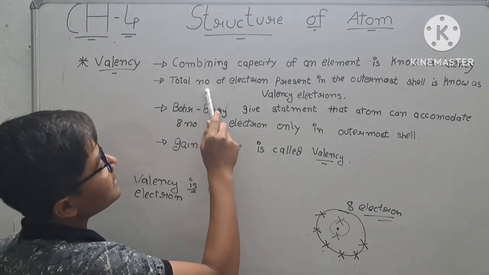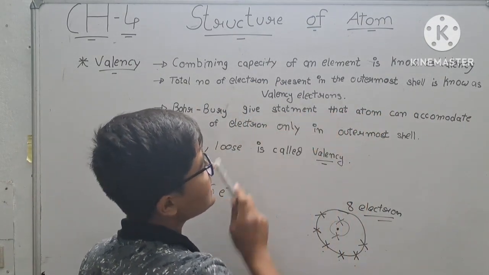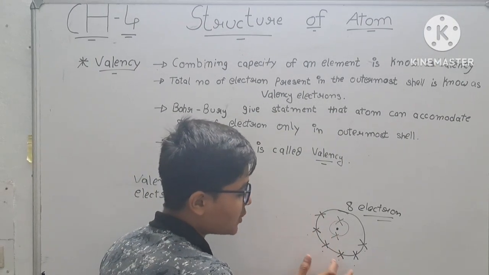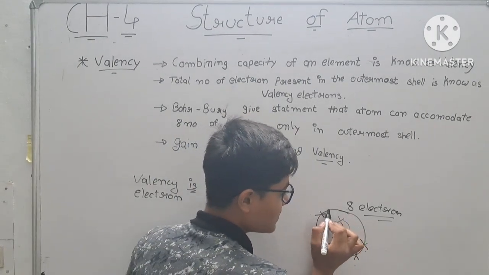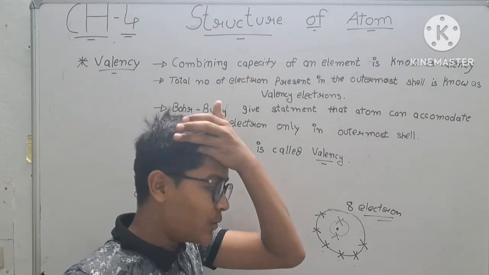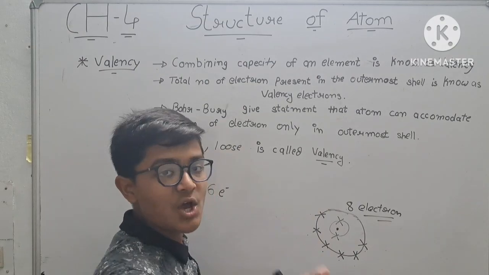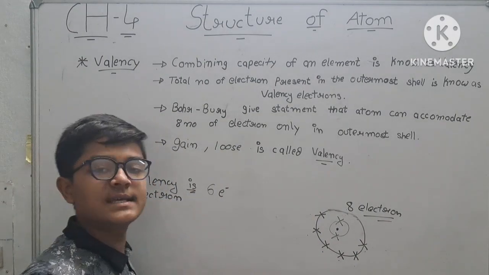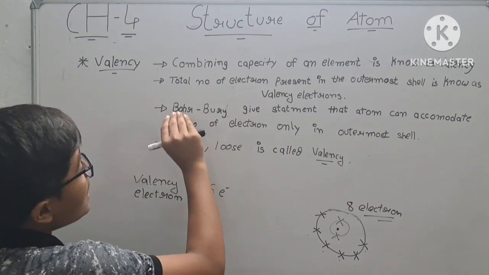The total number of electrons present in the outermost shell is known as valency electrons. This is the outermost shell. The electrons present in the outermost shell are known as valency electrons. So there are 6 electrons in the outermost shell, so we will say the valency electrons are 6. Okay, 6 electrons. So let's see further.